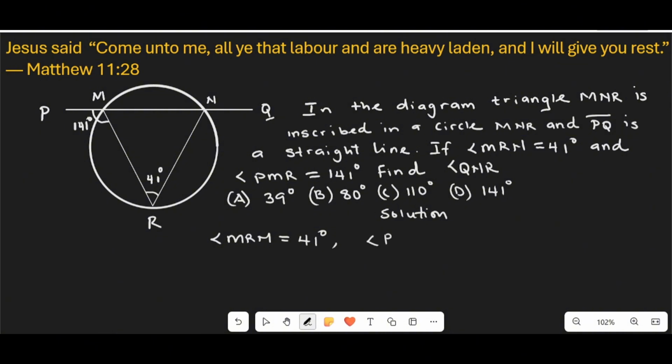Angle PMR equal to 141 degree. So first, let us find angle NMR.